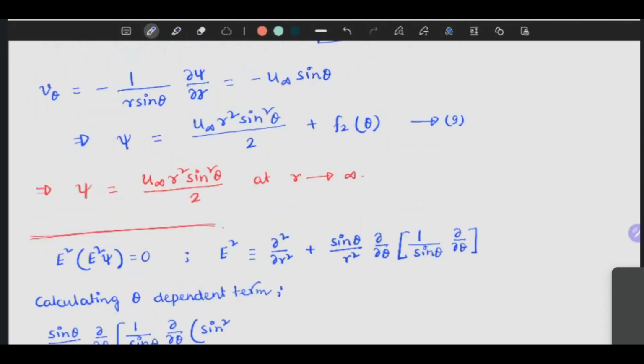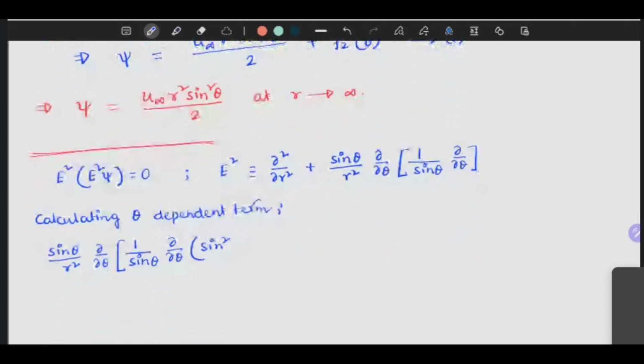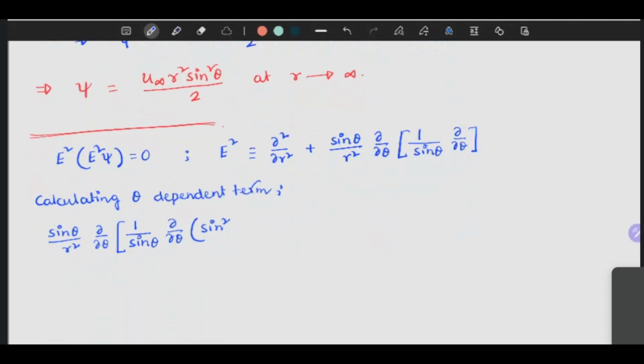So we will take this sine square theta and f of r. This is f of r, sine square theta. In the same way you can do this and get this relation.